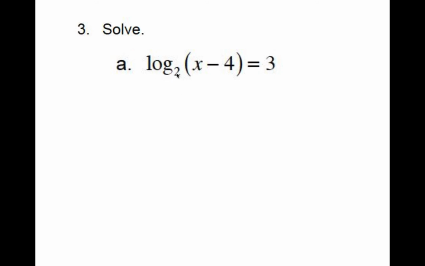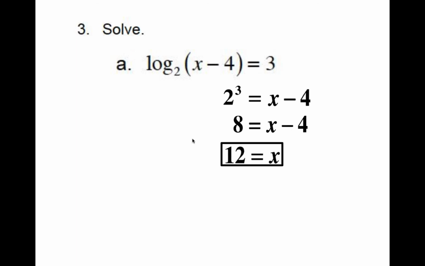There's only one log written out, so no condensing is needed. So we can go to the hook method. So it's 2 cubed equals, hook back over, x minus 4. 2 cubed is 8. Add the 4 over, x equals 12.